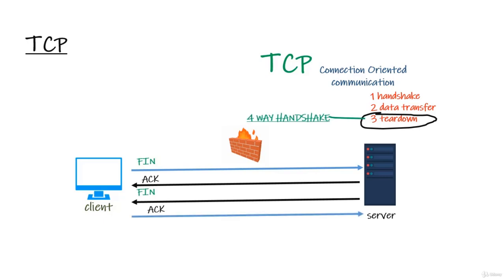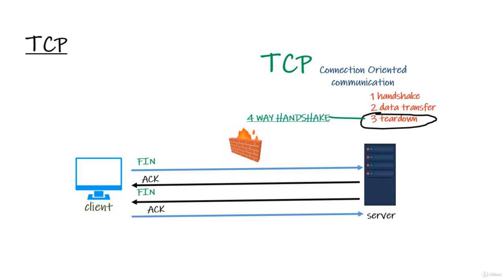It's a four-way handshake. The reason we need TCP is basically to have a reliable protocol. If we lose data, it keeps track of the packets that were lost and the packets that we actually received from the server. Same for the server receiving packets from the client.